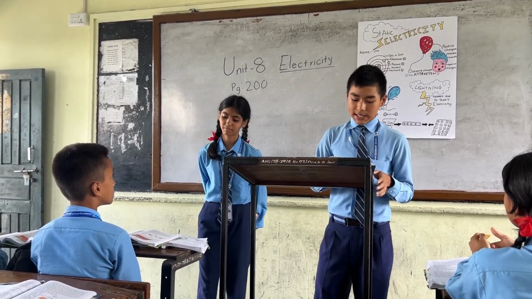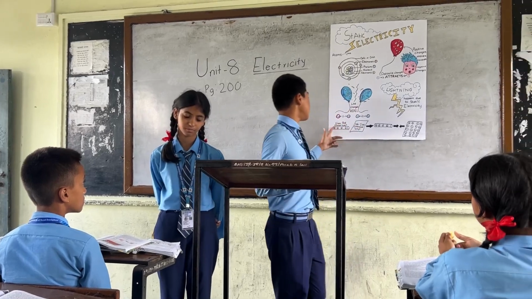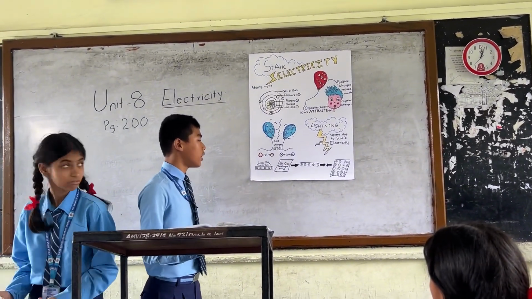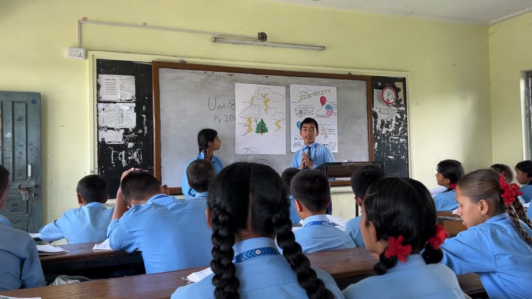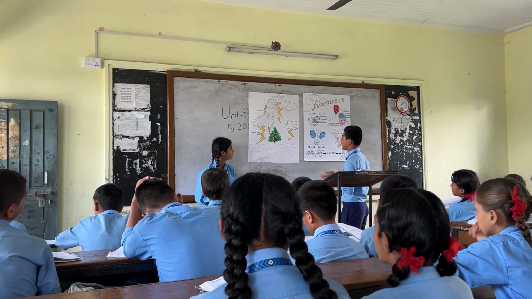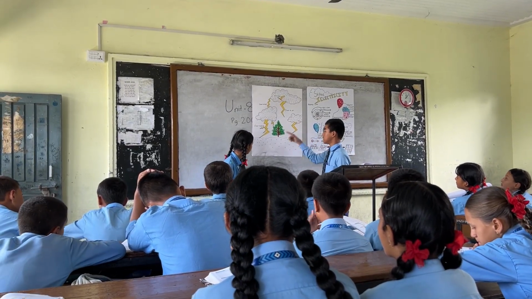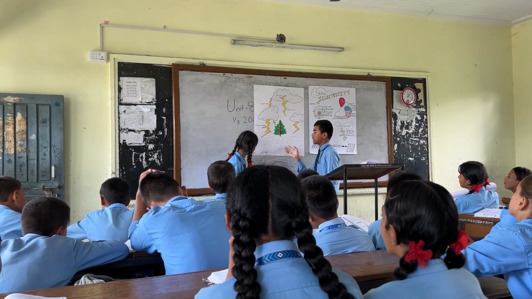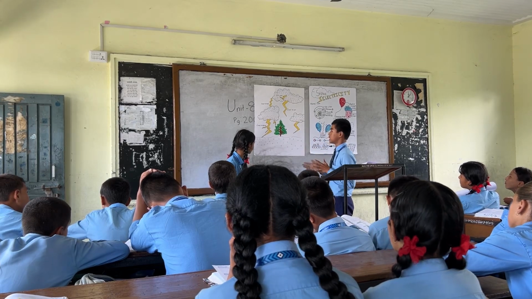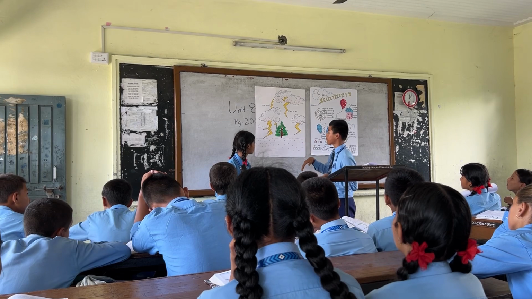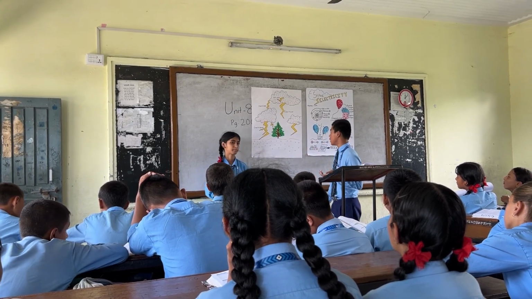Here we can see a charged glass rod and an uncharged silk cloth. Similarly, the negative charges of the cloud and the positive charges of the ground attract each other, and the discharge of electricity from the cloud occurs to the ground with positive charges.